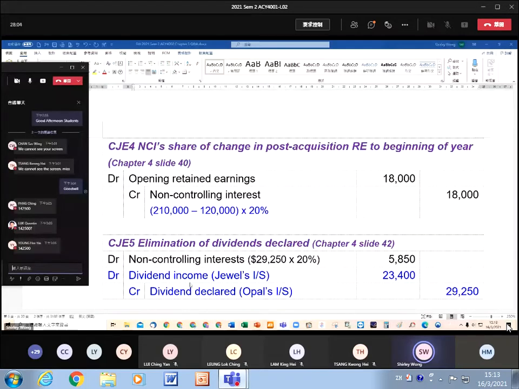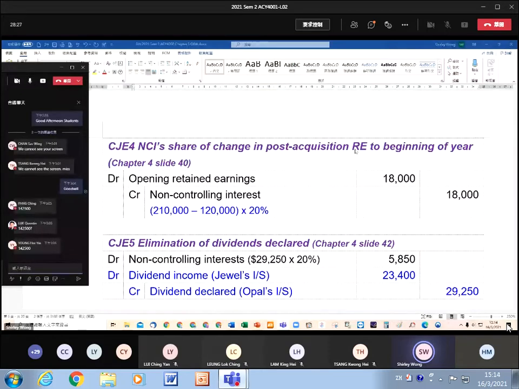So remember, when you write the entry, debit some account, credit some account, you need to use the full name instead of abbreviation. If you just write NCI, we will not give you full marks. You need to write non-controlling interest for the account name. However, for the explanation, just like here, NCI, you can use abbreviation.